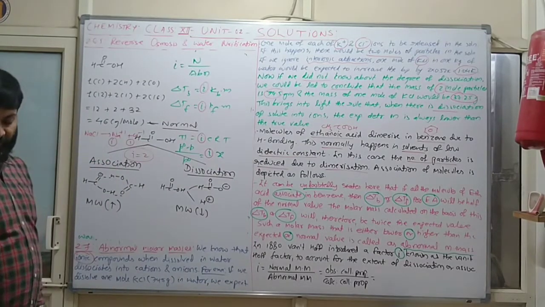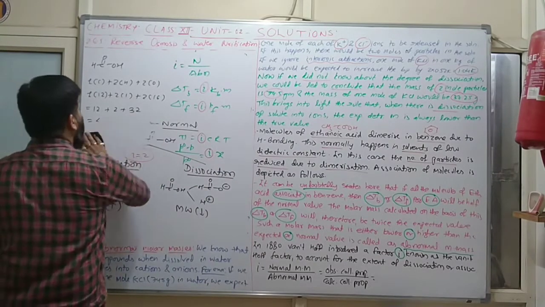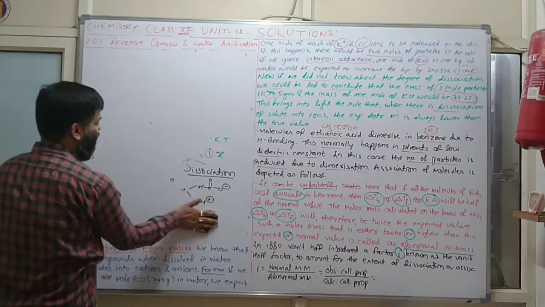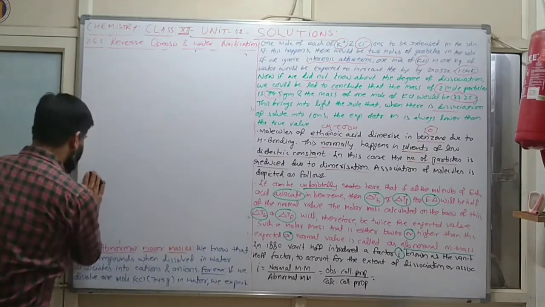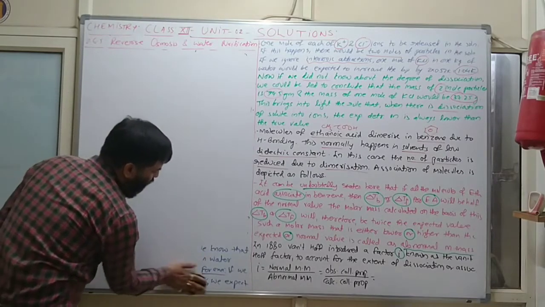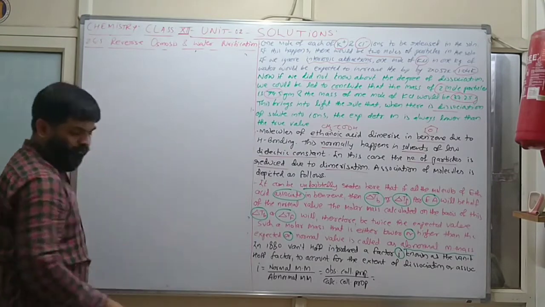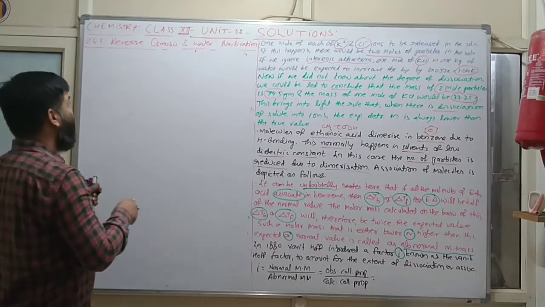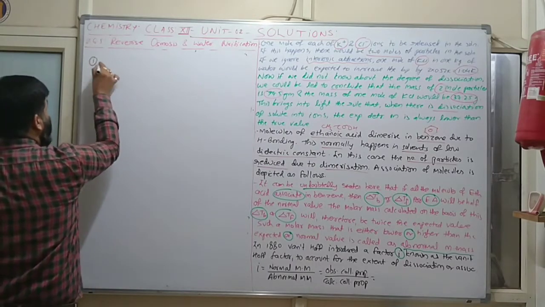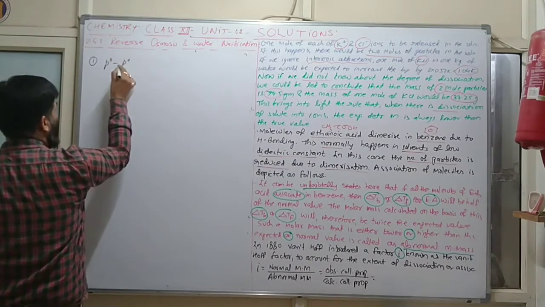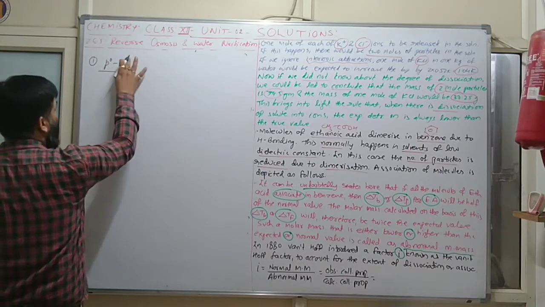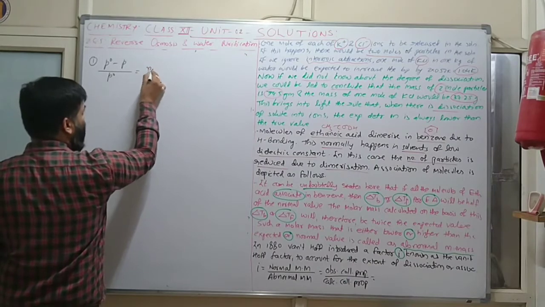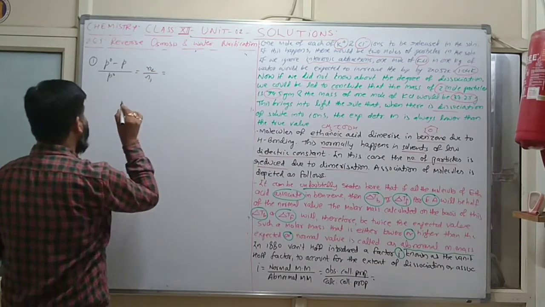It means whatever colligative property comes, it is always related to the I value. See, in colligative property, for example what I took here: P0 solvent minus P upon P0 solvent is equal to N2 upon N1.